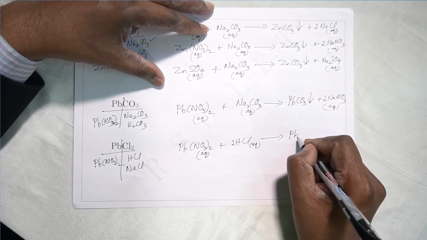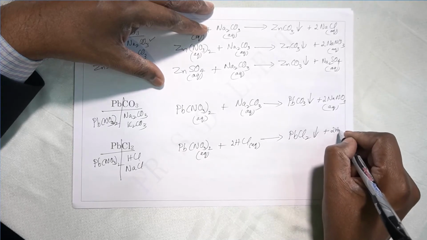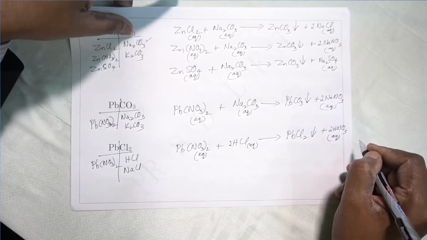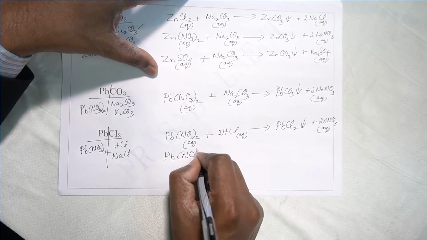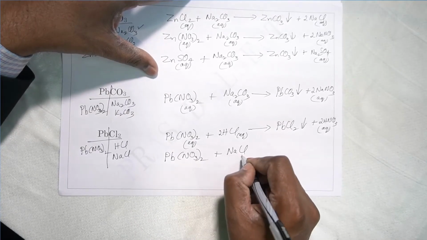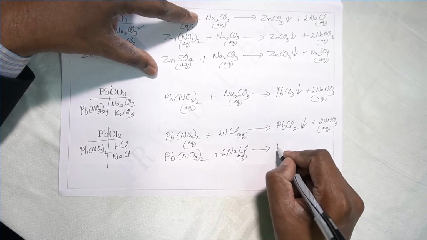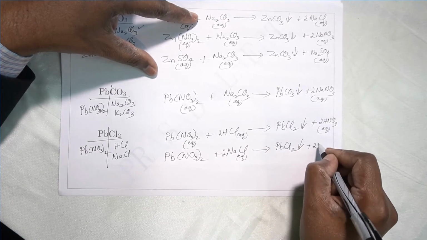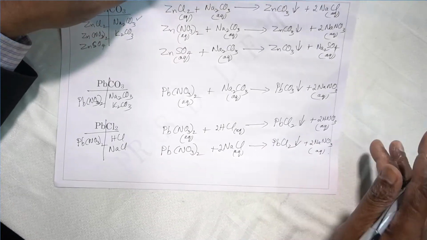You get PbCl2 insoluble salt precipitate plus 2HNO3, which is aqueous. Okay, right. Then the next is Pb(NO3)2, lead nitrate salt plus NaCl sodium chloride. Okay, aqueous. We need 2 NaCl, right? So you get PbCl2, which is precipitate, plus 2 NaNO3, which is aqueous.